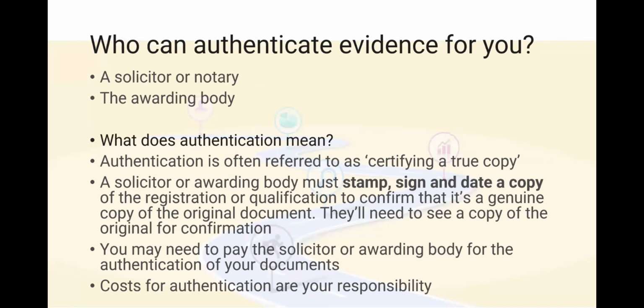Who can authenticate? A solicitor, notary or the awarding body. How can you get it authenticated? You can go to a solicitor in your city, show them your original and get it authenticated. They must stamp, sign, and date. These three things are important. You may need to pay the solicitor or the awarding body.